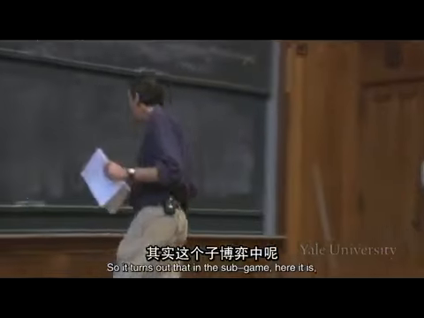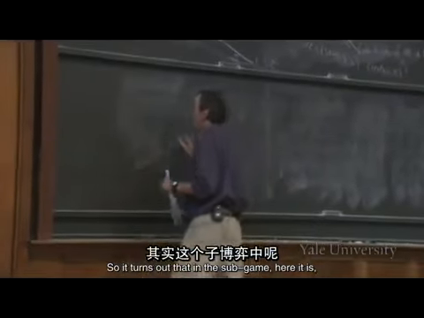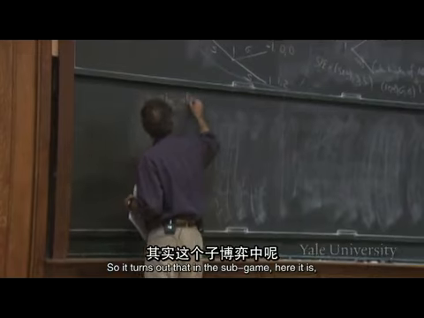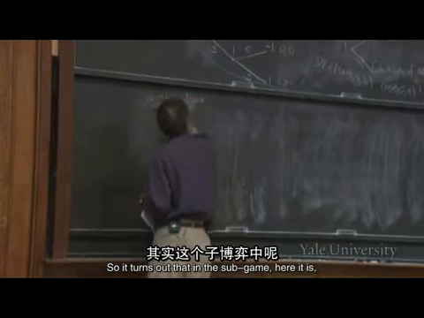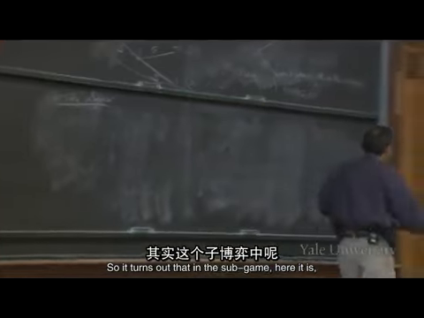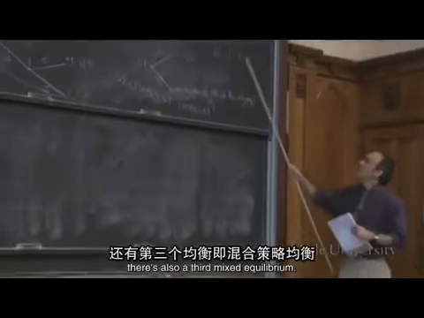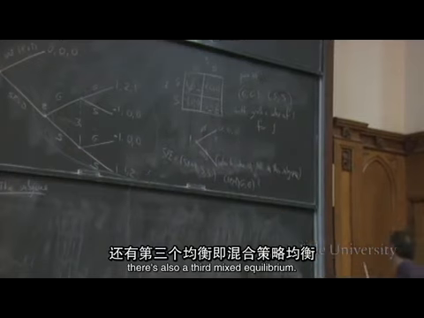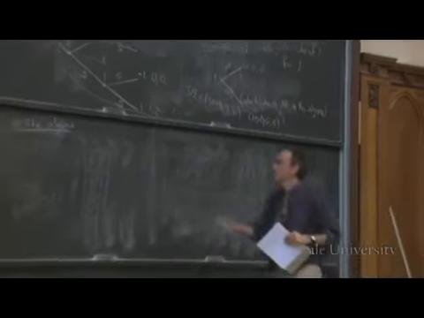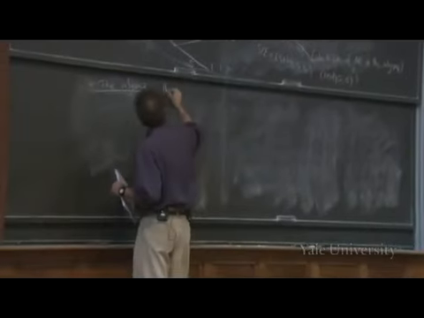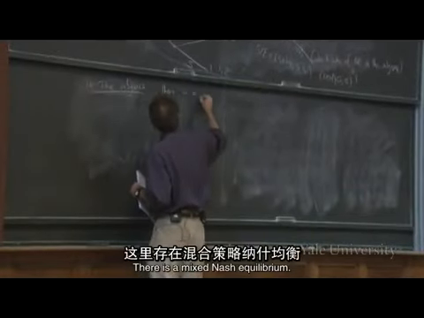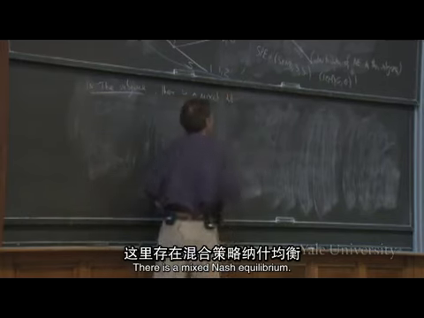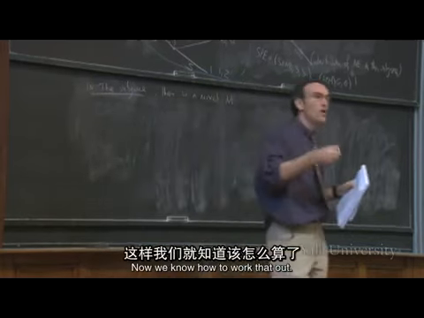So it turns out that in the subgame, there's also a third mixed equilibrium. There is a mixed Nash equilibrium. All right? Now we know how to work that out.